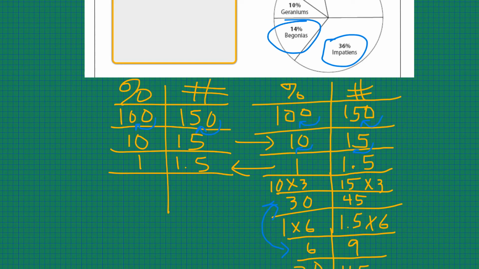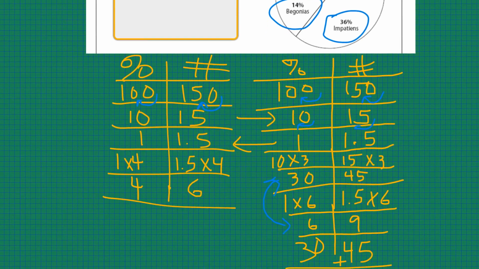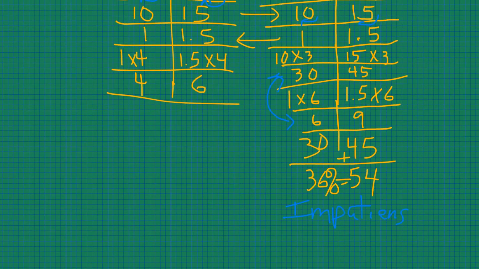All right, so I've got 10%, don't need to mess with that. And I need 4%. So why don't I just take the 1% times 4, that equals 4. And then I'm going to take the 1.5 flowers times 4, and that gets me 6.